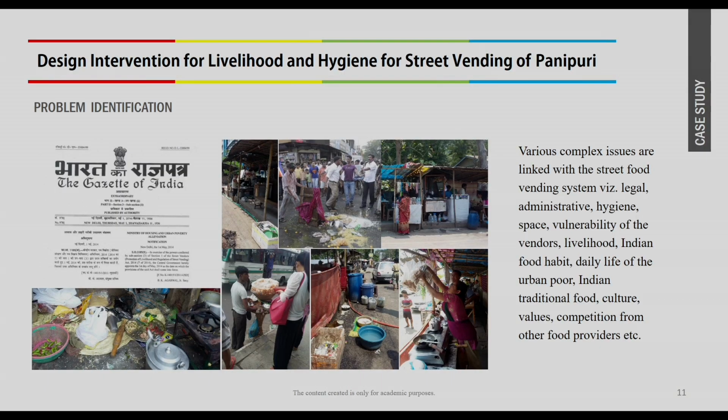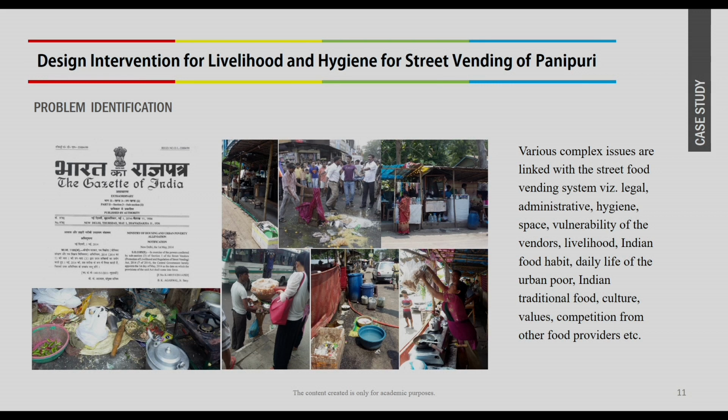So, this particular project is very interesting because street food significantly represents the rich tapestry of India's multicultural fabric. The popularity of street food is mainly because of the unique taste, display and experience associated with it. A large section of urban poor depends on street food for their livelihood.